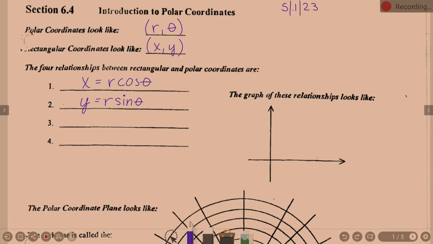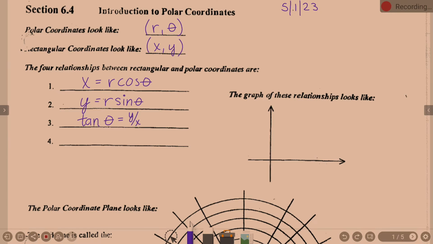Okay, so those are good ways to get back and forth if you are given your polar coordinates, so given r and theta, it's a good way to find your rectangular coordinates. Okay, we're also going to talk about the fact that tangent of theta is equivalent to y divided by x.